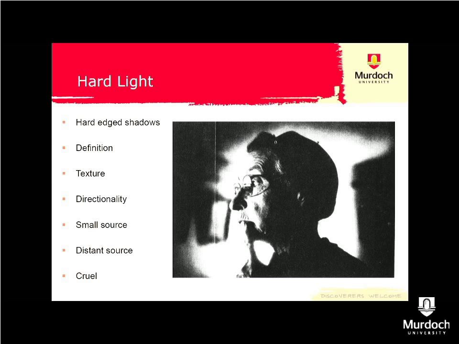So when you're doing your studio skills projects, one of the things I'll be looking for you to do, depending on the semiotic that you're trying, or the meanings you're trying to develop in your projects, is to try and use light in this way.